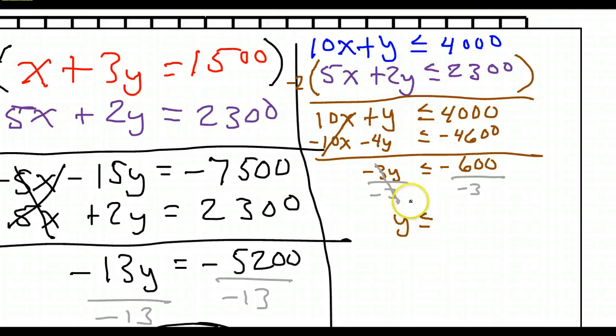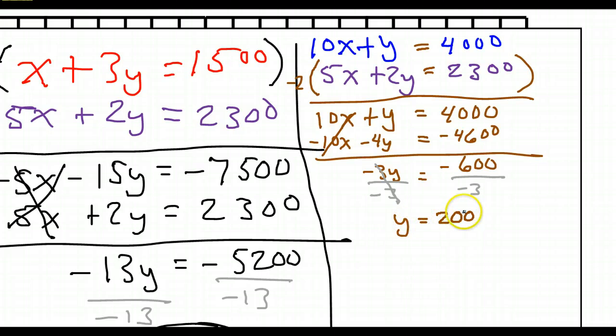I was about to talk about reversing inequality and all that. We're just finding where these meet, so all these inequalities don't matter. Let's just do the equations. Equals, equals, equals, equals. Okay, so y equals positive 200.